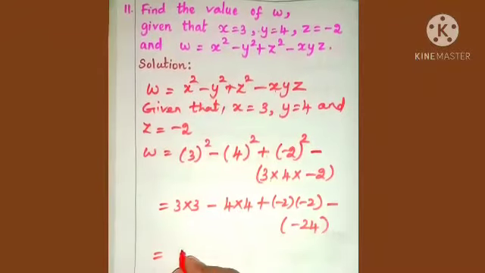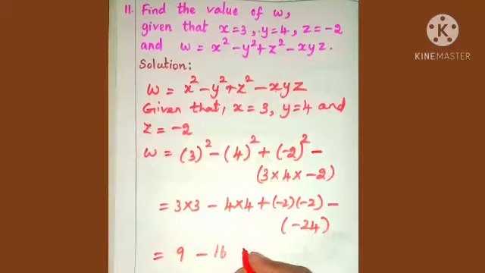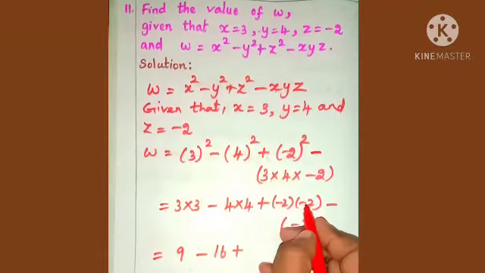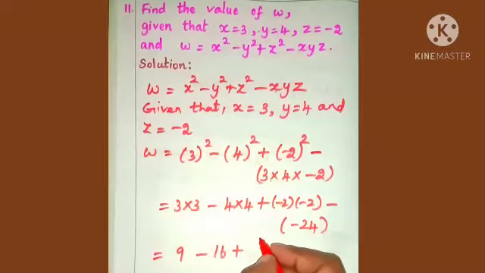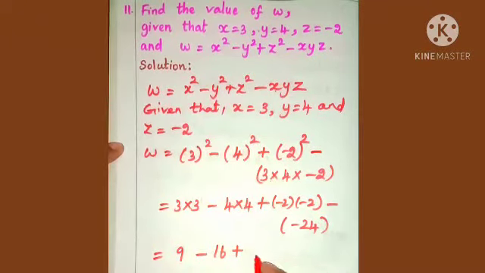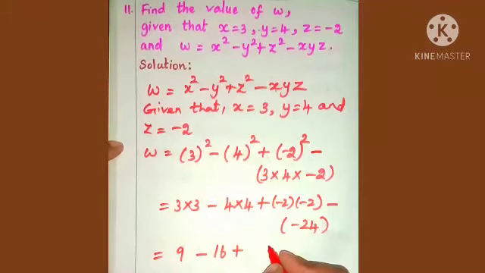And here 3 into 3 is 9, minus 4 into 4, 4 4s are 16, plus 2 into 2, that is minus into minus, plus, by using the multiplication of integers rule: same signs give positive.